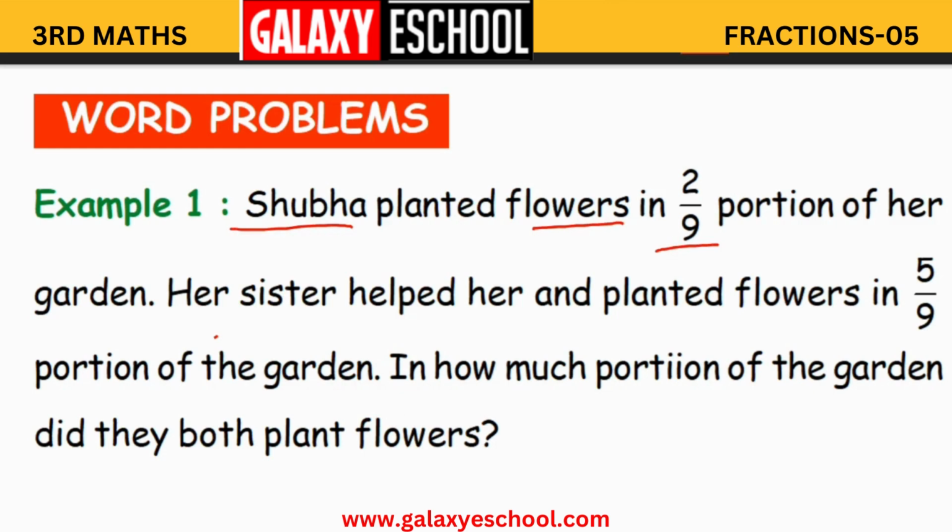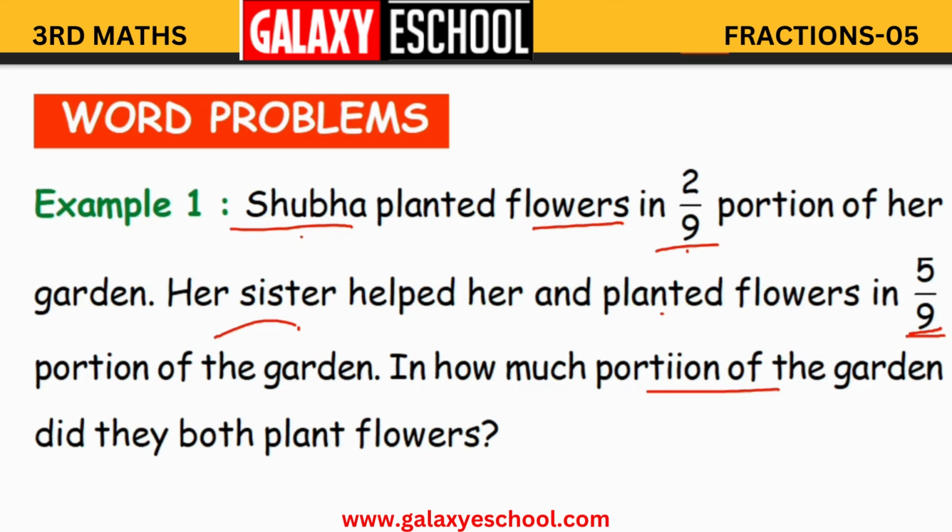And then there was a sister of Shubha who helped her, and both planted flowers in another 5 by 9 portion of the garden. Now we should find out in total how much portion of the garden did they both plant the flowers.